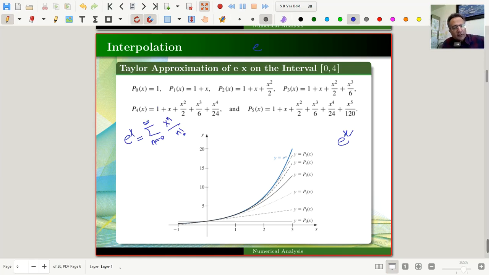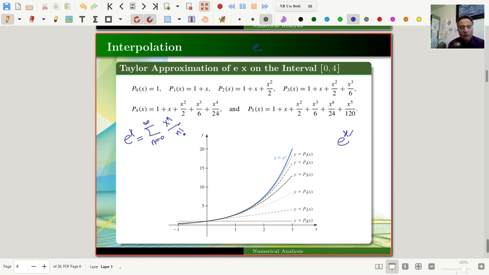If we consider n equal to 0, we have just p0(x) equal to 1. This line is p0. If we consider p1, it will be 1 plus x, so it will be this line. For n equal to 2, it will be 1 plus x plus x squared over 2. This is p2. For p3, we have a cubic polynomial, and the curve is this one.